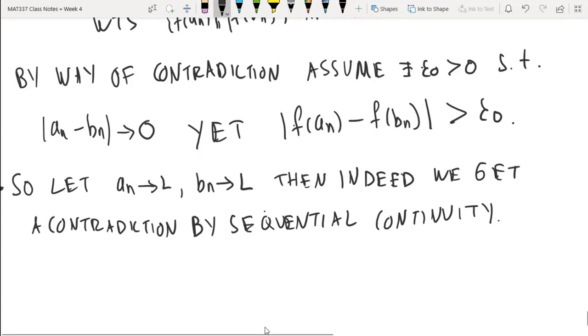So that's case one. Okay, now suppose they don't converge, but they're bounded. This is case two.